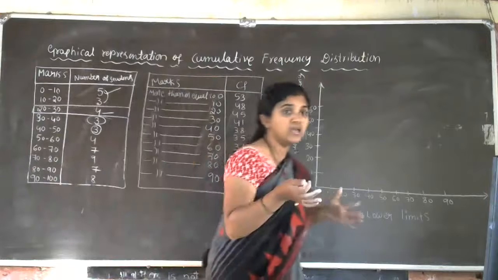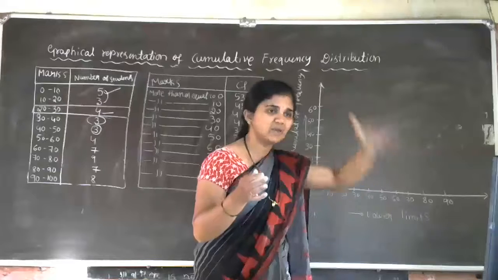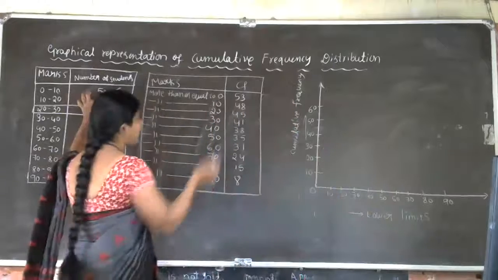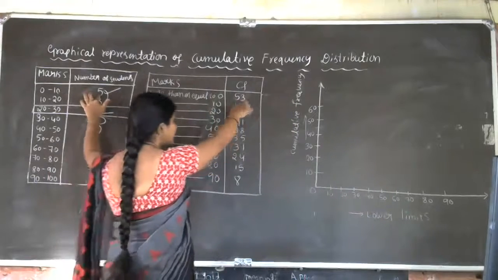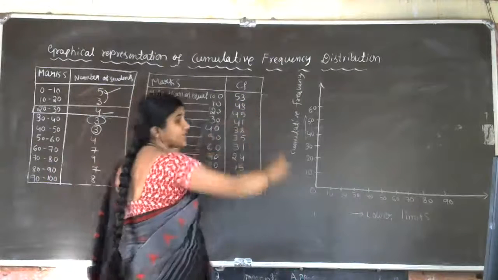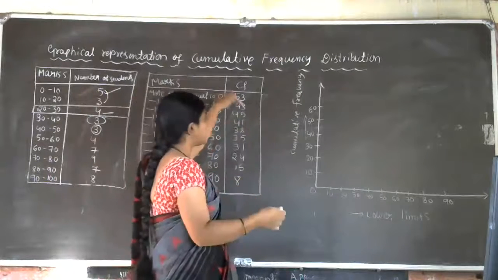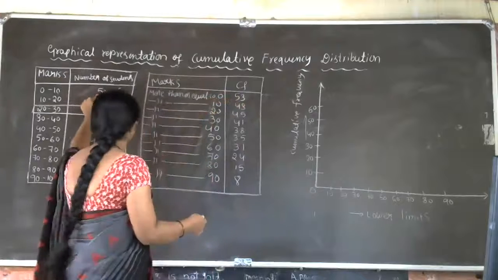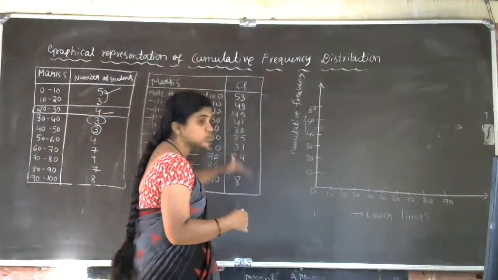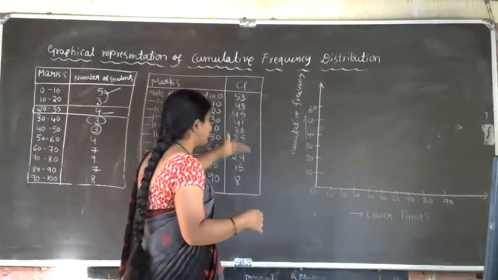So in between 10 students, they have to sit now in the class. So 53 minus 5 will give 48. Like this, 48 students are more than or equal to 10. Then I'll ask for 20. Out of 48 students, we have to subtract these 3 students, then 45. So if we go on subtracting, we'll get the cumulative frequency like this.